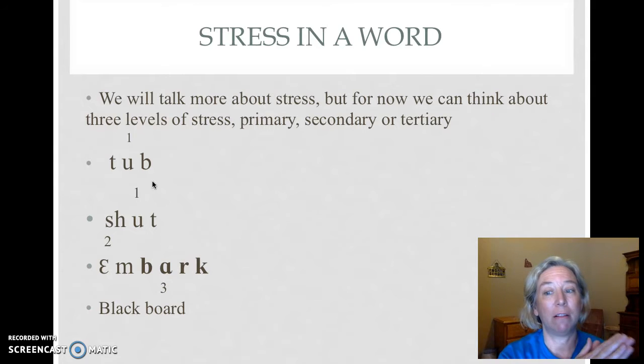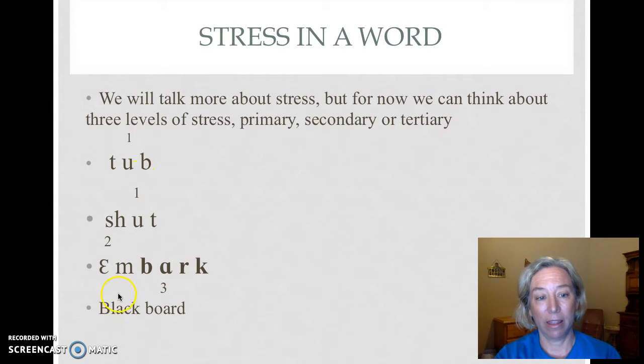The first vowel in the word, the E, was secondary stress. Embark. Embark. So this E in this case has secondary stress. Embark. This A would have the primary level of stress.